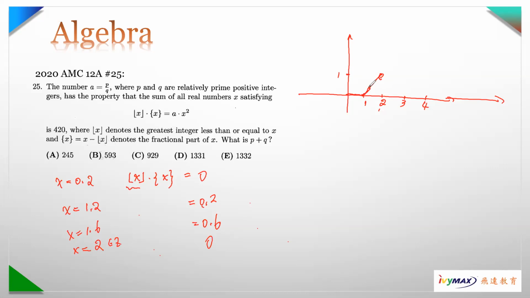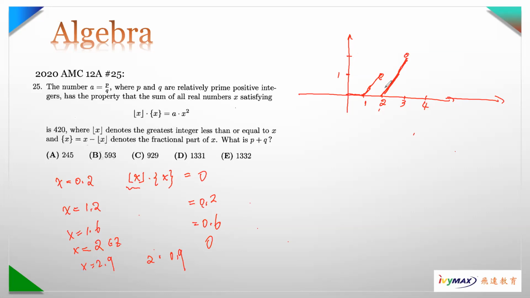And between 2 and 3, okay, so we can also reach, let's say, x equal to 2.9. So the result should be 2 times 0.9, right? So the slope will be different from the first segment. It should be linear.